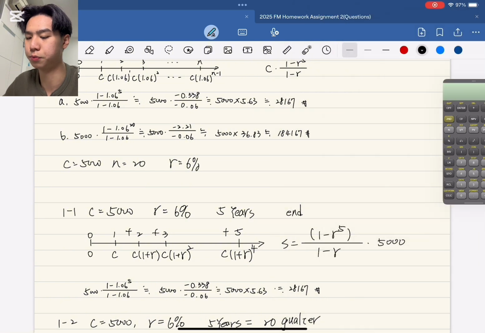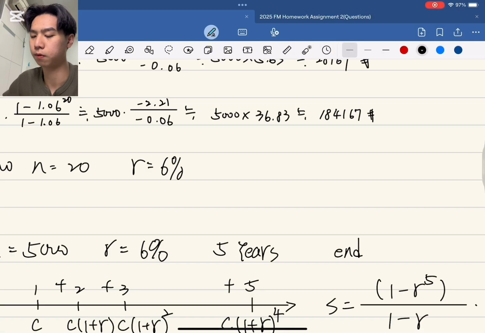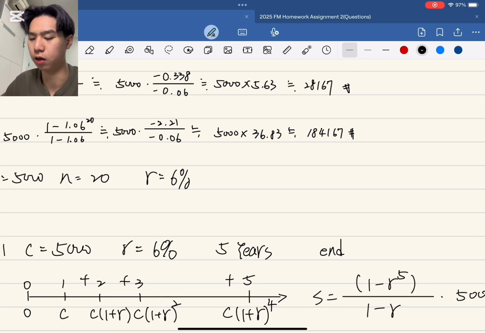Because the 6% is for years, but we receive the money per quarter. So on a quarter, the 6% is a nominal rate. We can divide by every quarter.